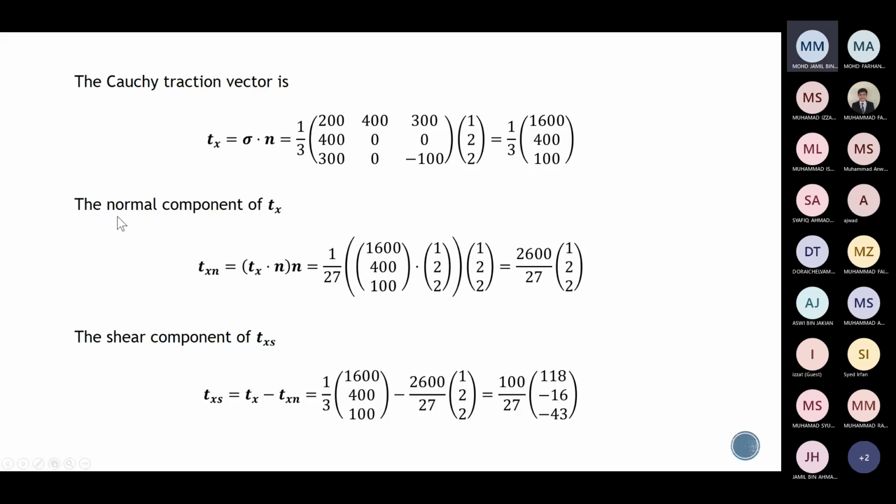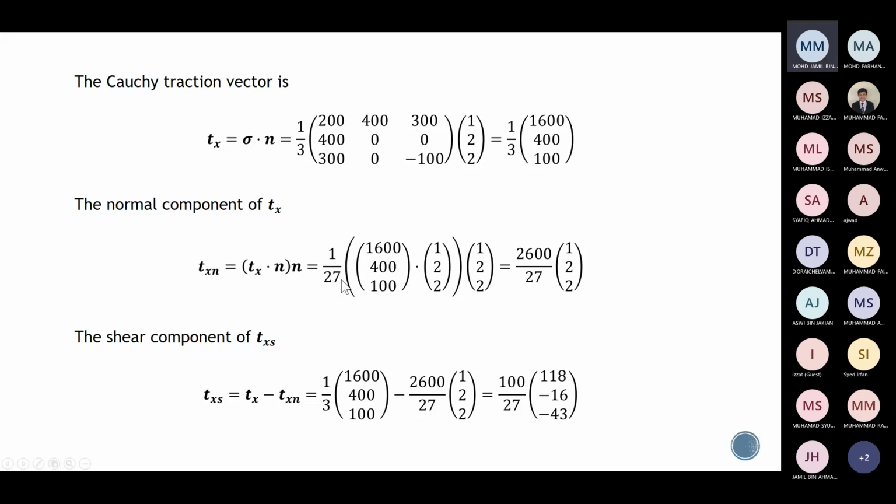Then the question asks you to find the normal component of Tx. You just calculate (Tx dot n) times n. This is Tx just now, dot n, so you have to use the dot product concept. Just multiply 1600 times 1 plus 400 times 2 plus 100 times 2, and then times the normal vector.